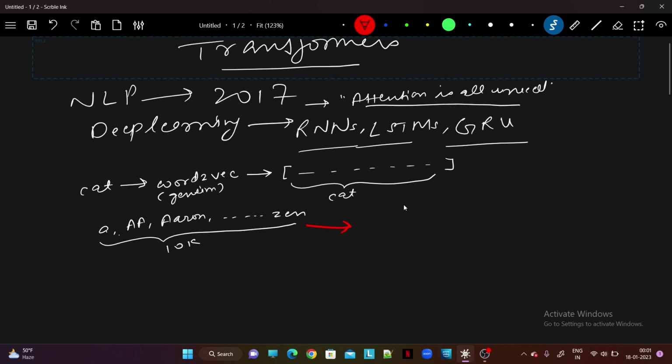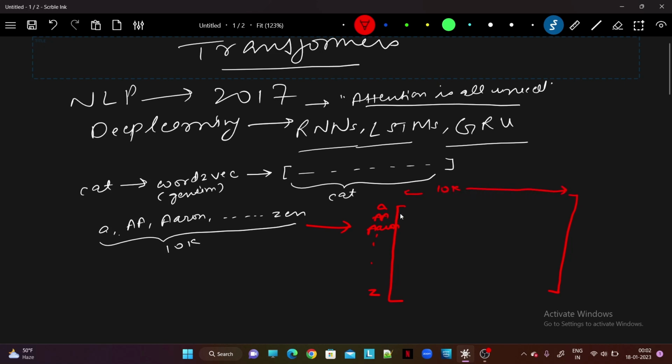You'll simply create a matrix, and let's say it's a one-hot encoded matrix. It starts with A, then AA, then Aaron, and so on up till Zen, and the length of this whole matrix is 10,000.